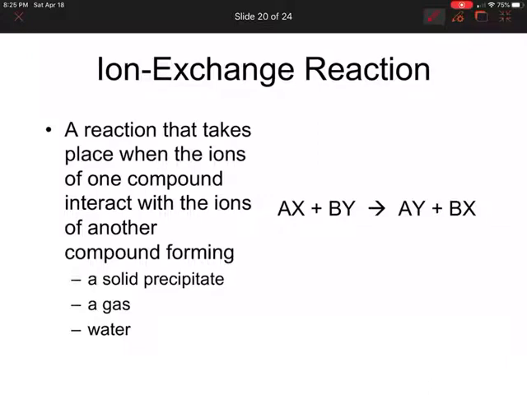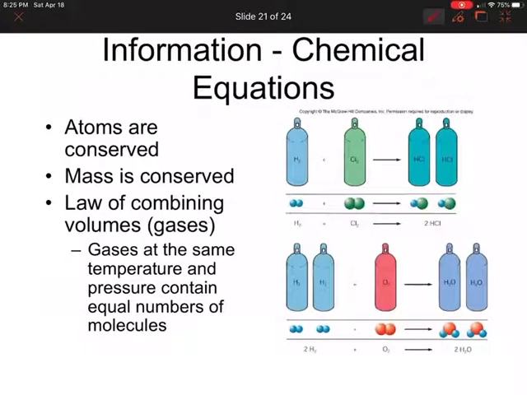And so like, for instance, this one then exchanges with that one and becomes AY, and then B is the metal, and so it ends up combining with the X over here. Okay? And this is just saying that it interacts with ions of another compound, and so you can end up with a solid, a gas, or some kind of water.